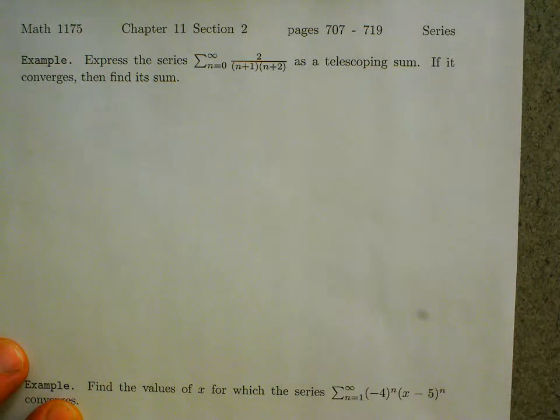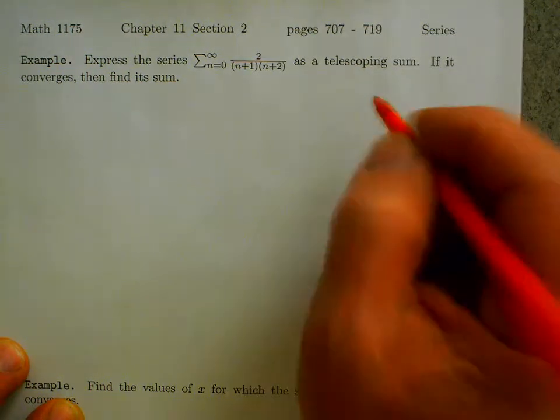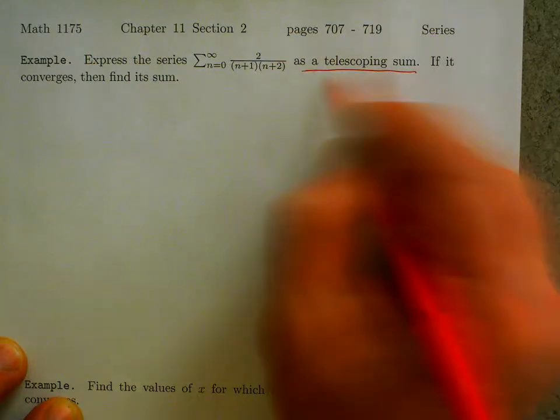Okay, like this one: express the series, this time n starts at 0 and goes to infinity, and the terms are 2 over (n + 1)(n + 2). We're going to express it as a telescoping sum.